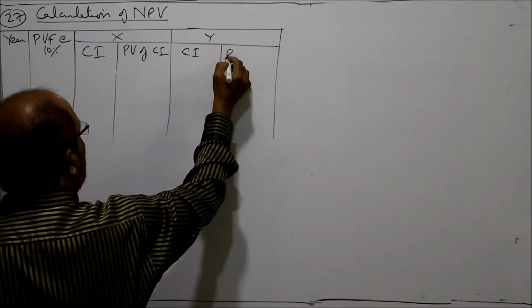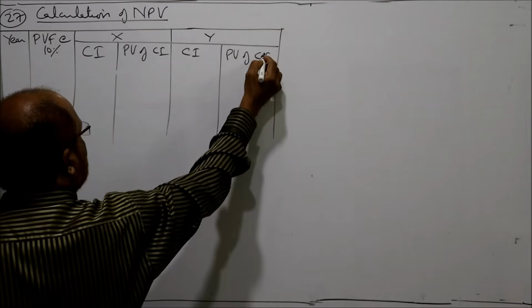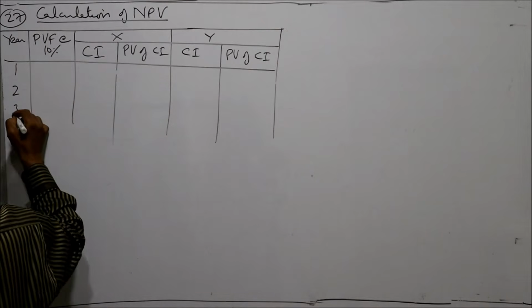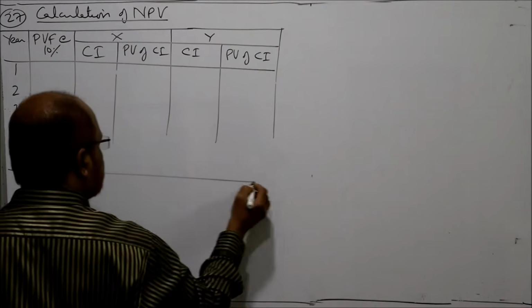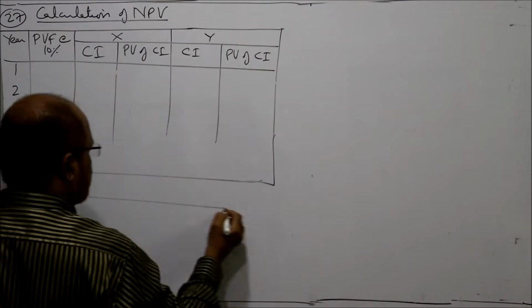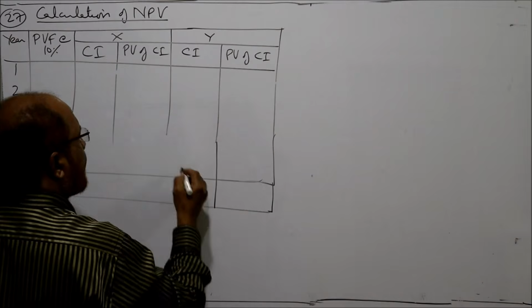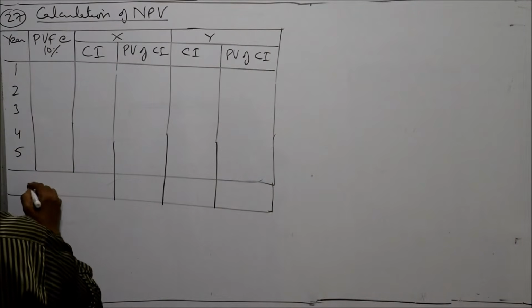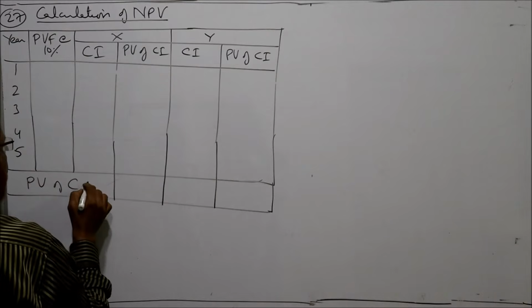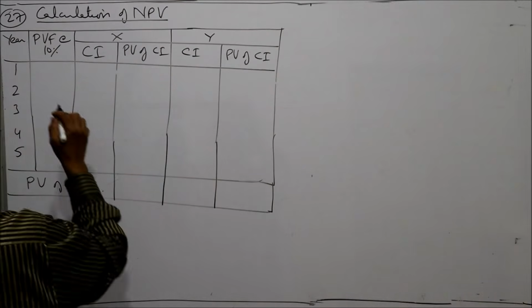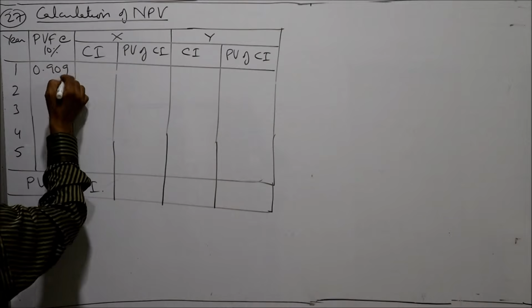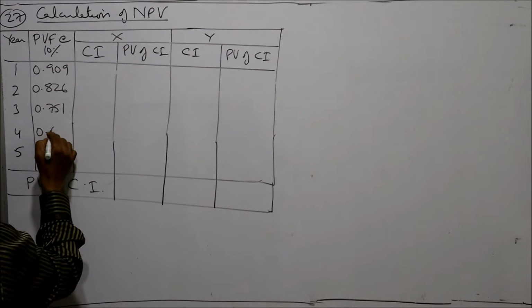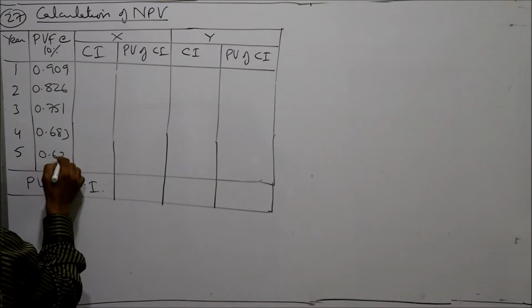Years 1, 2, 3, 4, 5. PV factors at 10% discount rate: 0.909, 0.826, 0.751, 0.683, 0.621.